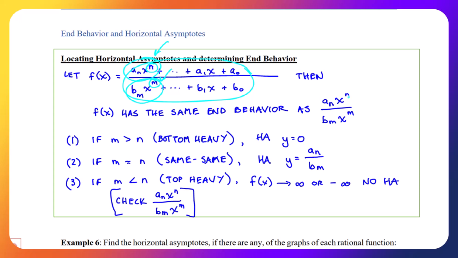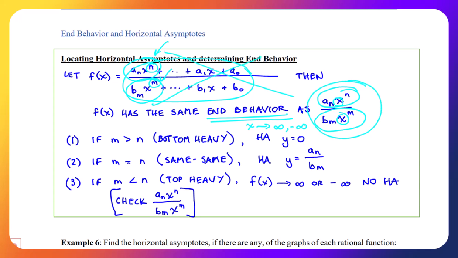And so we can say that as x gets bigger and bigger, that's the idea of end behavior, right? As x goes to infinity or negative infinity, the first term dominates, and I can just look at it, and the rest of it I don't have to look at.